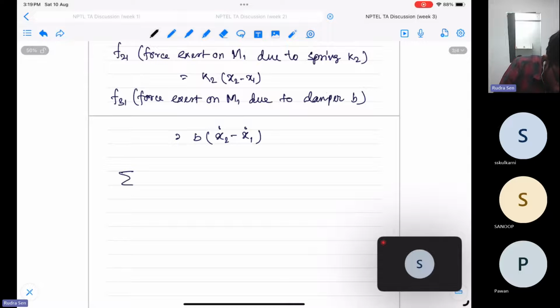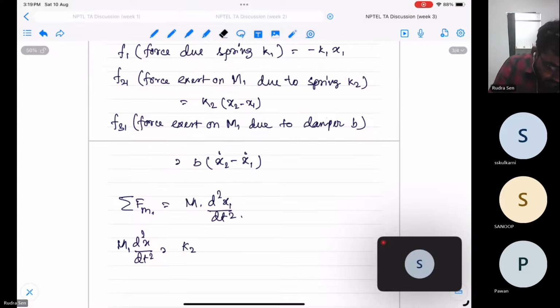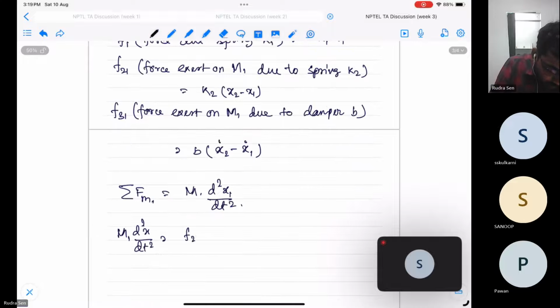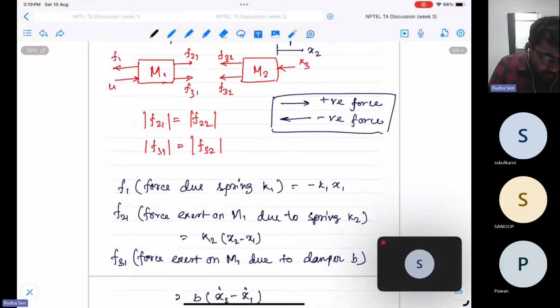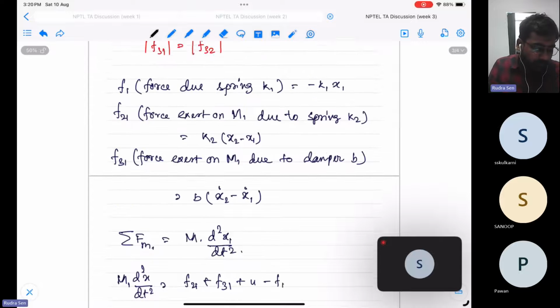So we know that the summation of all forces acting on M1 is basically M into d2x1 by dt2, right? So what are the forces? The forces are F21 plus F31 plus U minus F1. Okay.